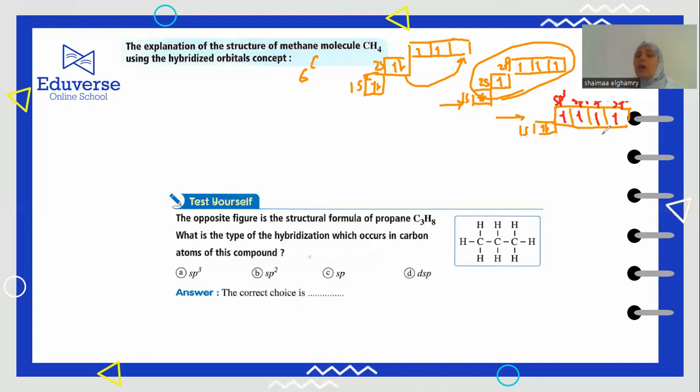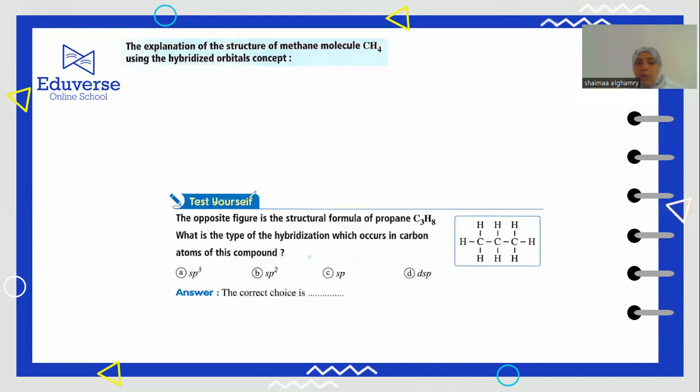All of them are ready to overlap with what? With 1s, with 4 s orbitals from 4 hydrogen atoms to form the methane molecule with tetrahedral stereostructure, and the angle between them is 109.